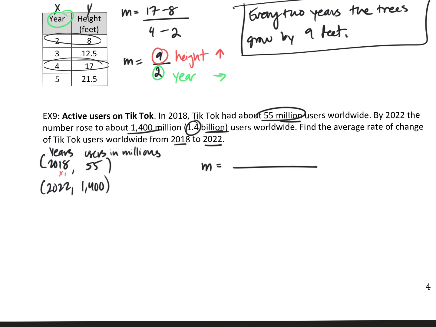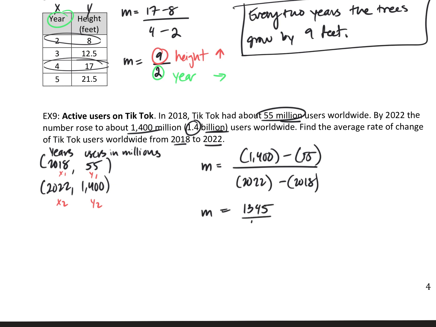I'll do x sub 1, y sub 1, x sub 2, y sub 2. Plugging that in, we have 1,400 minus 55 all over 2022 minus 2018. And what do we get? About 1,345 over 4. Well, go ahead and stick like this, not the decimal. It's easier to read it if it's in a fraction form, not in a decimal form.